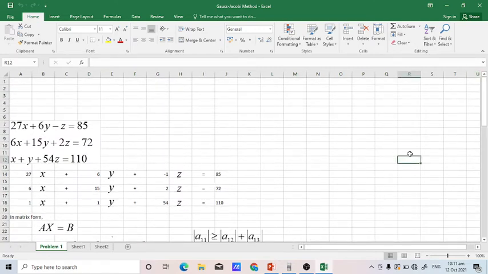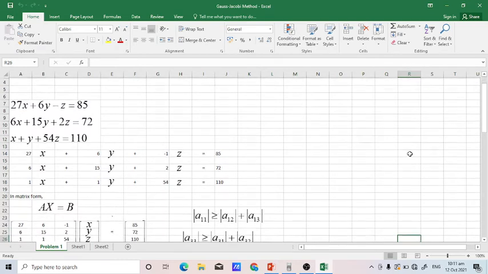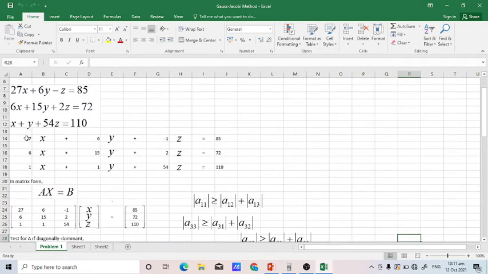So here's the problem, no? So we have 27x plus 6y plus negative 1z equals 85, okay? So you know how to type this, right? 6x, 15y, then 2z, 72, 1x, 1y, 54z, 110.